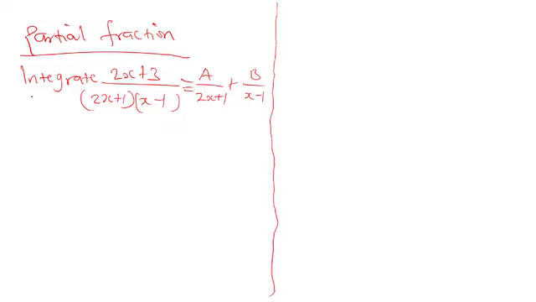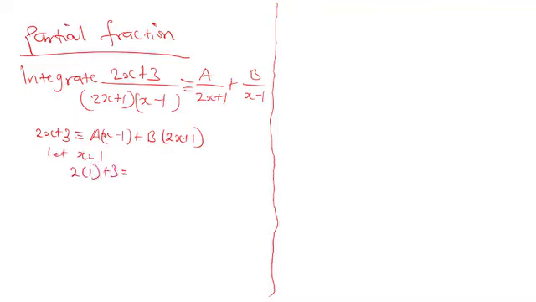Let's expand the brackets. You now have 2x plus 3 equivalent to A(x minus 1) plus B(2x plus 1). Now at this point we want to get the value of A and the value of B. We now say let x equal 1, and if x equals 1, we have 2 times 1 plus 3.